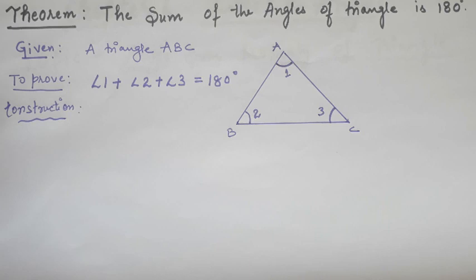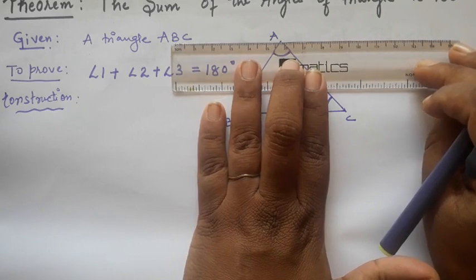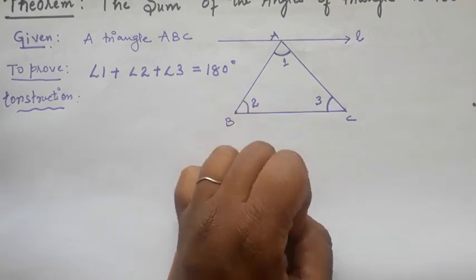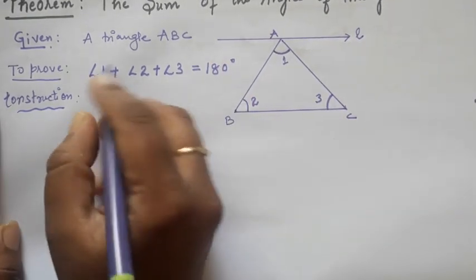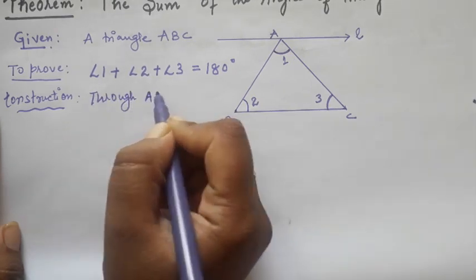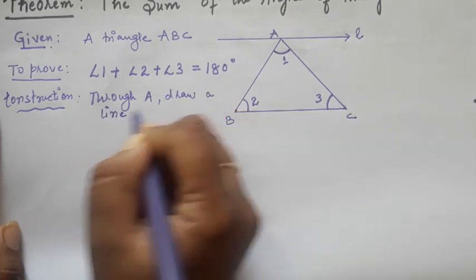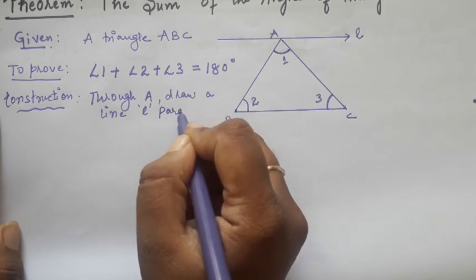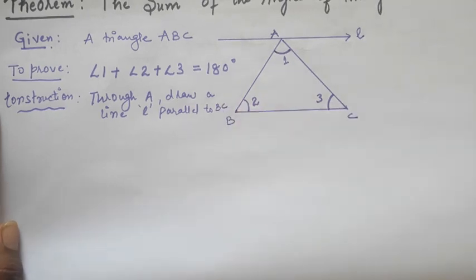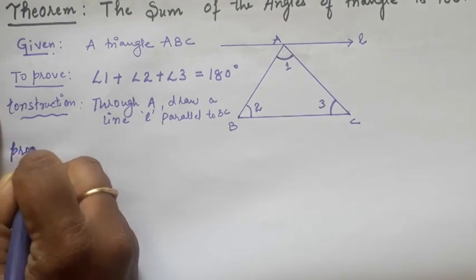We'll draw a line parallel to BC, and let that line be L. We'll write here: through A, draw a line L parallel to BC.